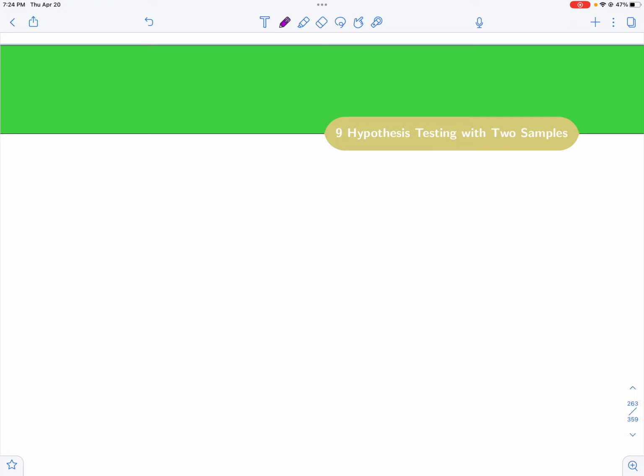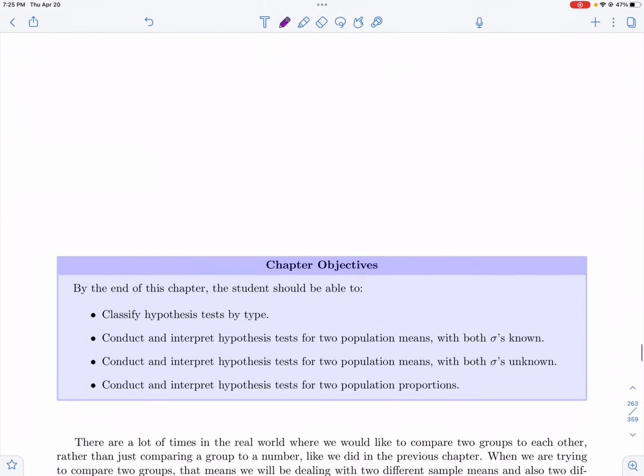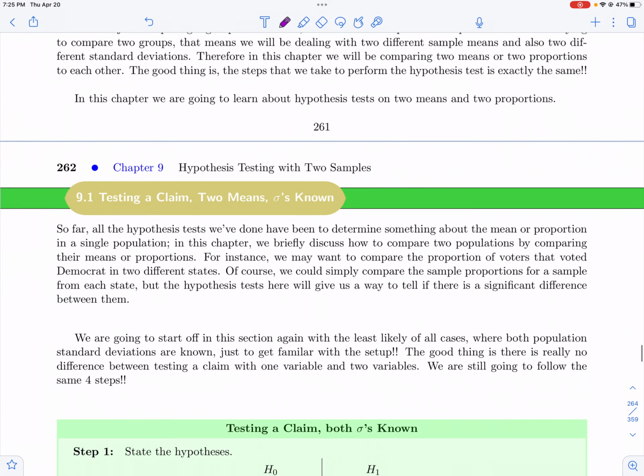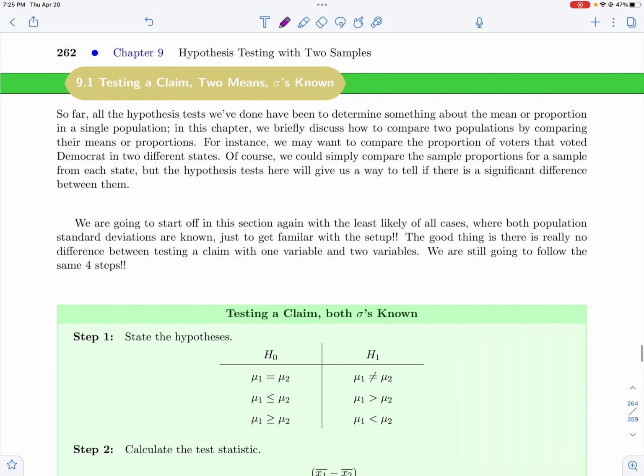So it could be that we're comparing Starbucks to Dunkin' or Pepsi to Coke or something like that. We won't actually be comparing a mean to a number, we're going to be comparing a mean to another mean. Now, the good thing is, for the most part, everything that we've worked on is very similar to what we did for our hypothesis testing in Chapter 8, other than the fact that we're going to have two samples.